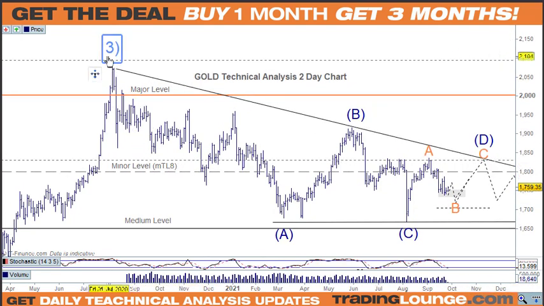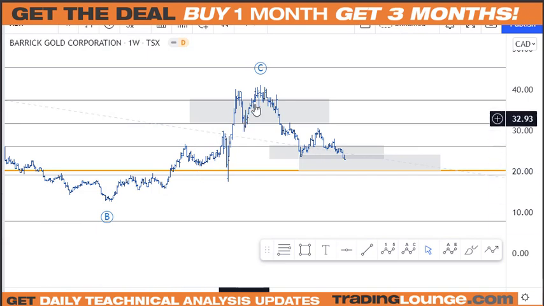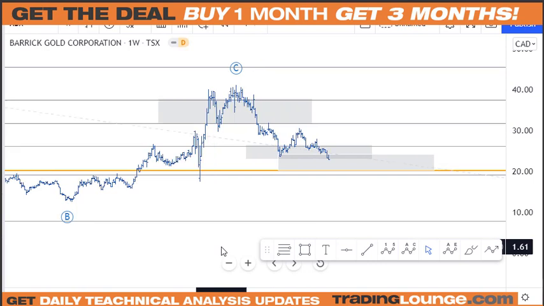So even though it doesn't look like 5 waves on this chart, on other markets we can see that it's got a nice 5 wave structure to the downside. How else would you count that? And if we got 5 waves here after a correction we got here, then we'll get another 5 down here.